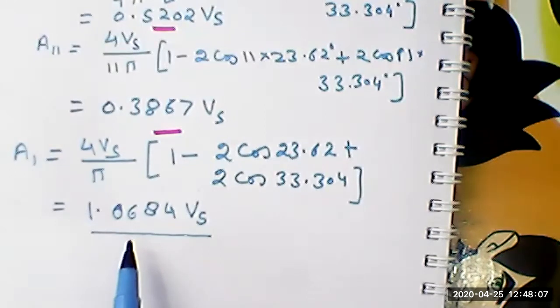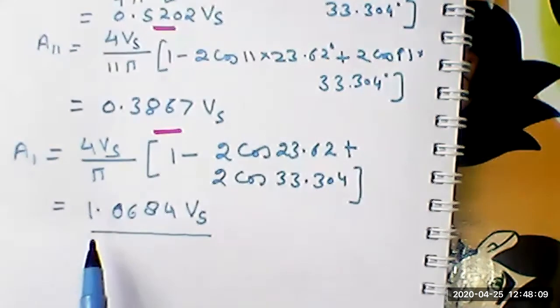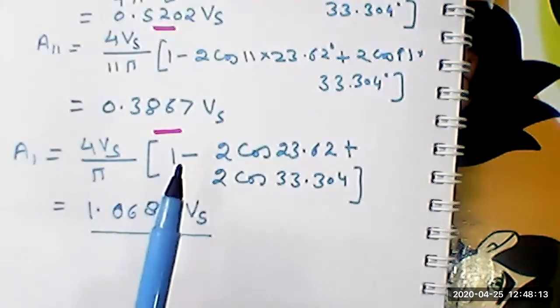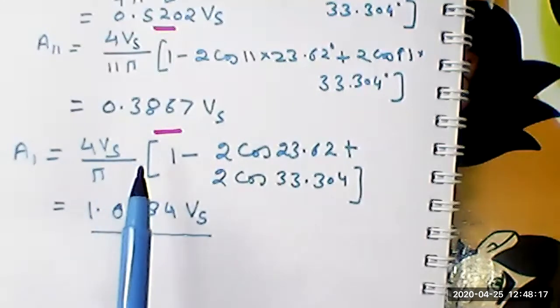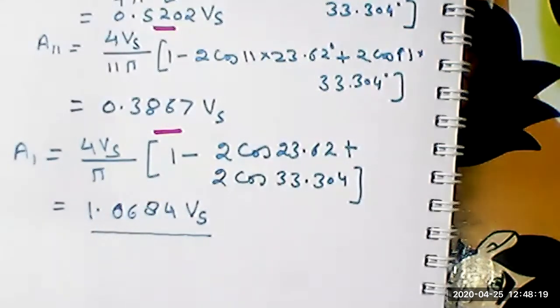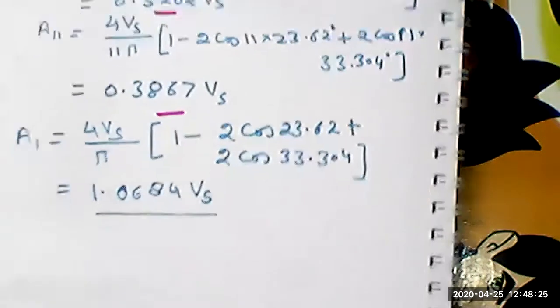In the previous case, that means the step wave inverter, all third and fifth harmonics were present. But in this case, third and fifth harmonics are absent. That is the advantage of this, right?